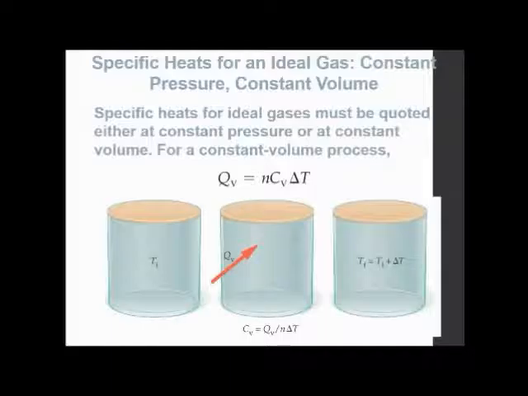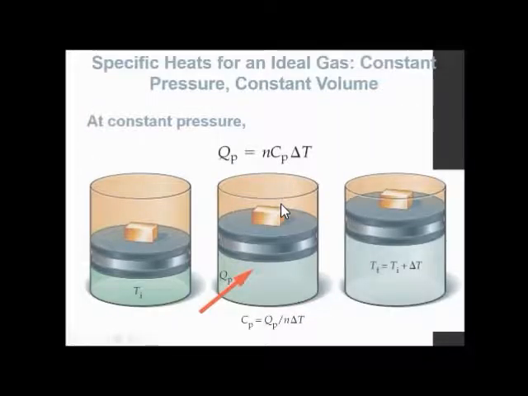Let Ti be the temperature, Q the heat given, and T changes from Ti to Tf, so the final temperature is equal to the initial temperature Ti plus the net change del T. So we can write the heat supplied QV equals n Cv del T, where Cv is the specific heat at constant volume, and Cv will be QV by n del T.